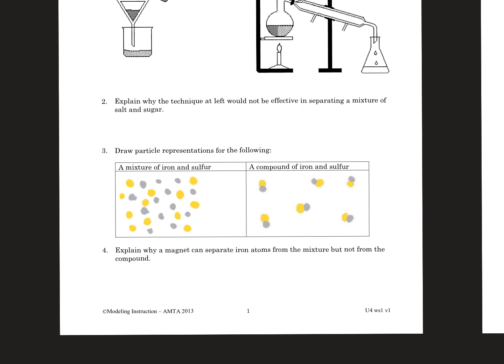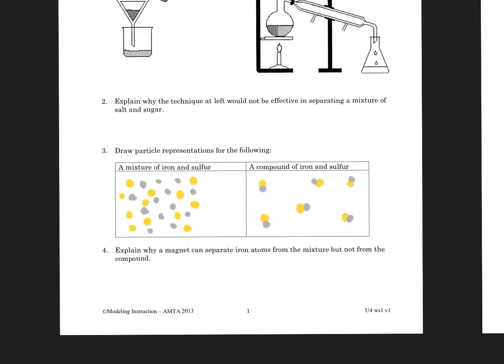Iron atoms are attracted to magnets. Sulfur atoms are not. But when we make a compound, we lose the properties of the individual iron atoms. The iron sulfur compound is not magnetic.